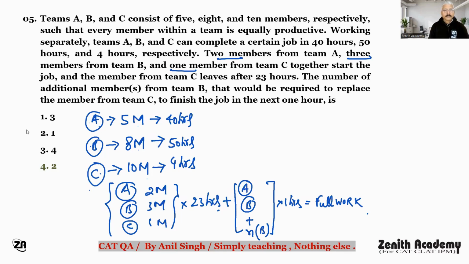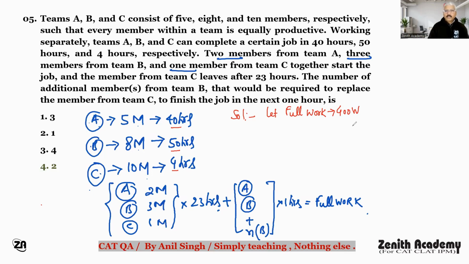So look here. 40 hours, 50 hours, 4 hours. So the LCM of 40, 50, and 4 is 400. So let the full work be 400 work.